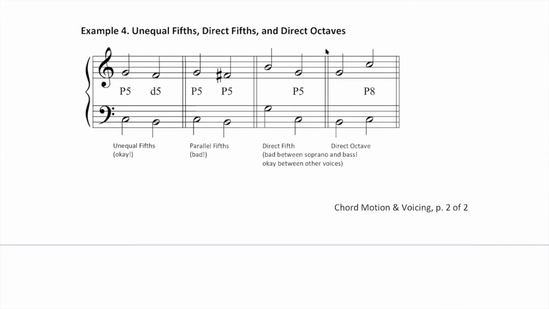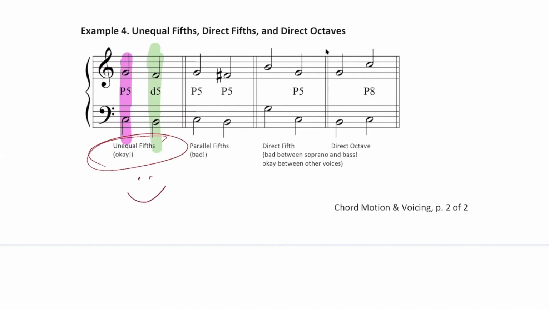Notice this first one, we have a perfect fifth, compound perfect fifth between C and G. Well, we see that we have a fifth it goes to, but it's not perfect. It's diminished. And sometimes we're going to need to do this. So it's absolutely okay to do this.